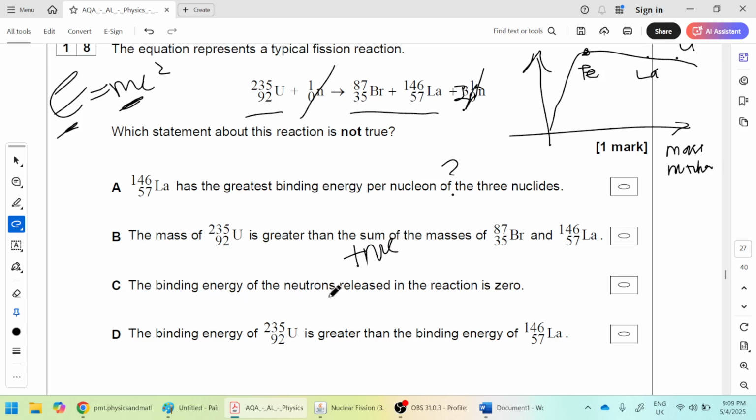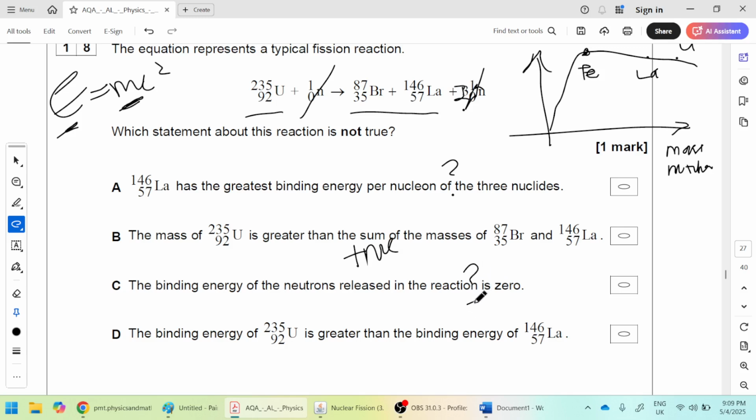Binding energy of neutrons released in the reaction is zero. Is the binding energy of neutrons released? Binding energy is the energy released when nucleons join together to form a nucleus. I'm not sure about this one either.